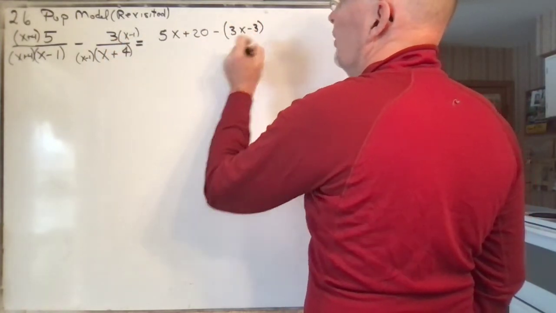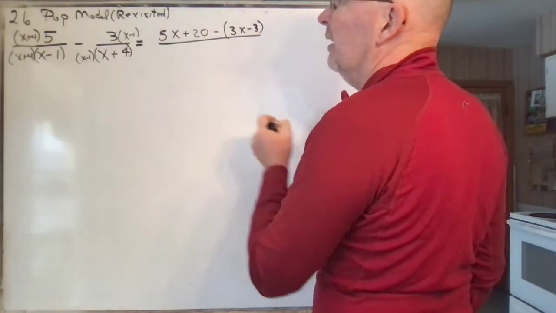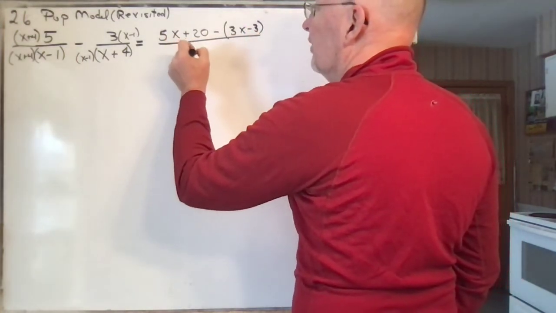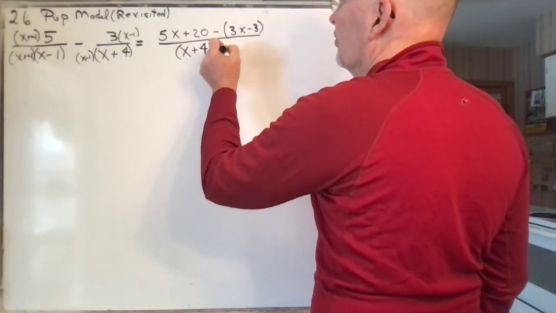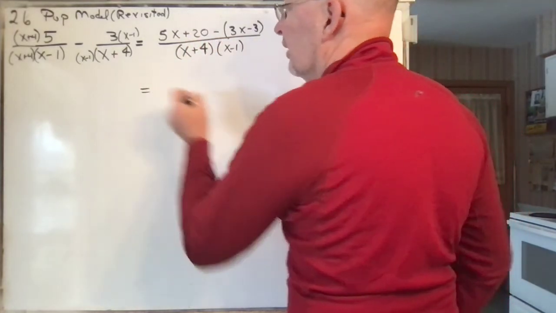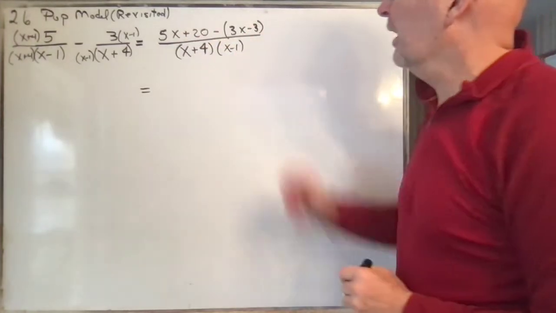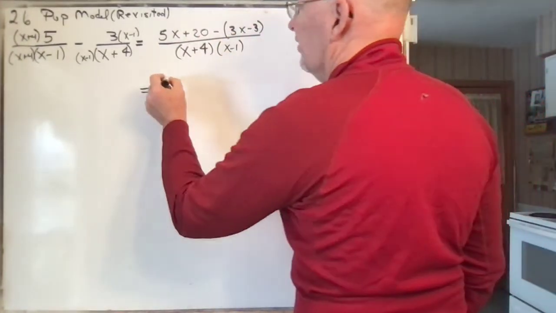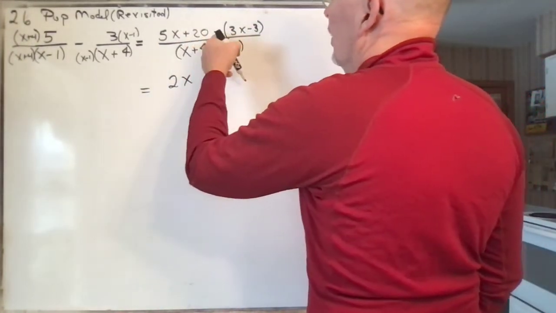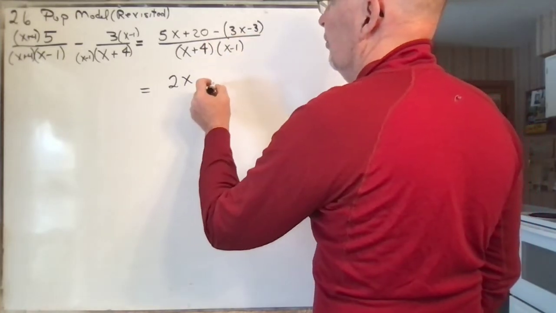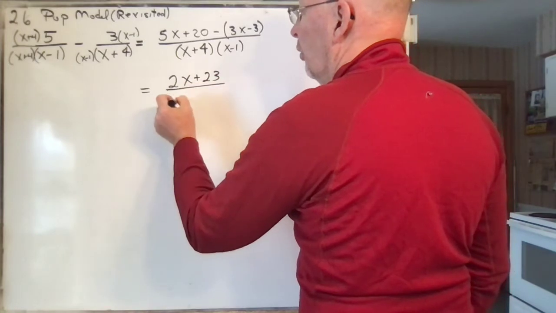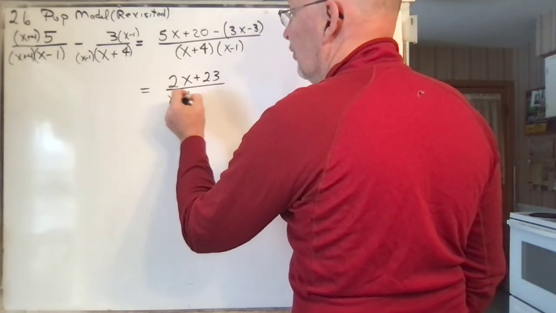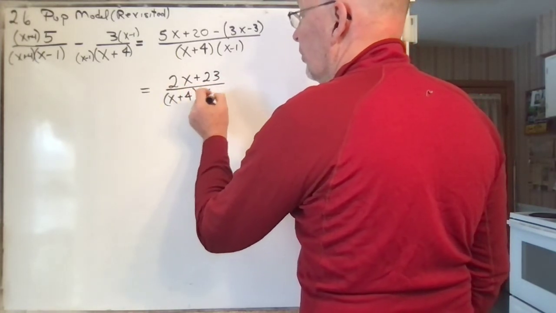Agreed? 3x minus 3, and all of that is over the denominator, x plus 4 times x minus 1. And then finally, you can do a little simplification here. You get 5x minus 3x is 2x. And then 20 minus a negative 3 is going to be 20 plus 3. It's going to be 23. All over x plus 4 times x minus 1.